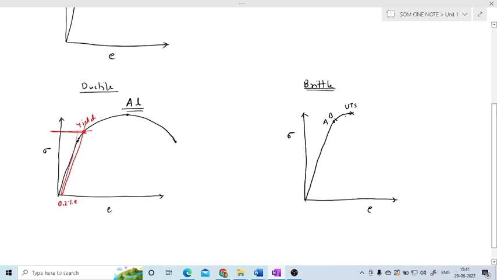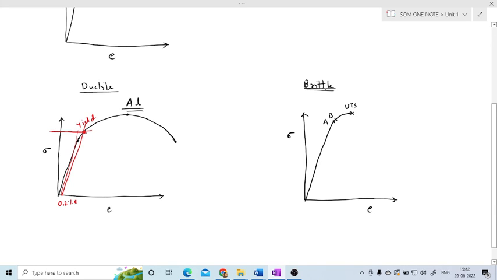It means if I apply force on the material, then without indication the material will fail. With small or negligible deformation the material is going to fail. So here you cannot see a graph where the strain is large. With less strain or negligible strain the material will fail.